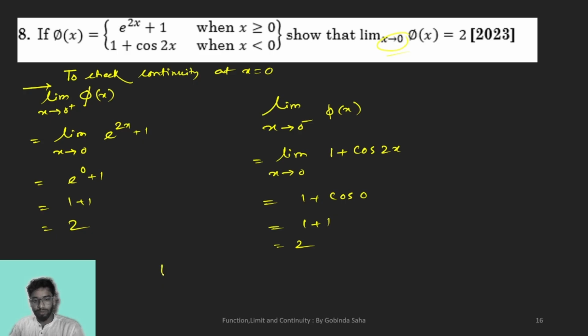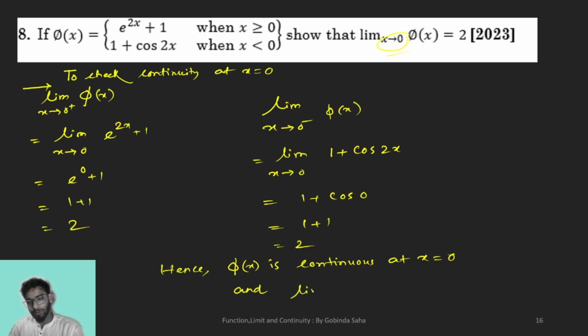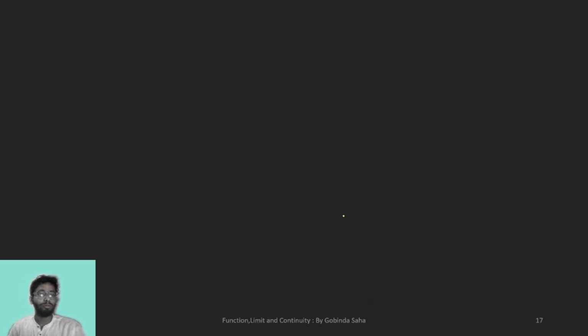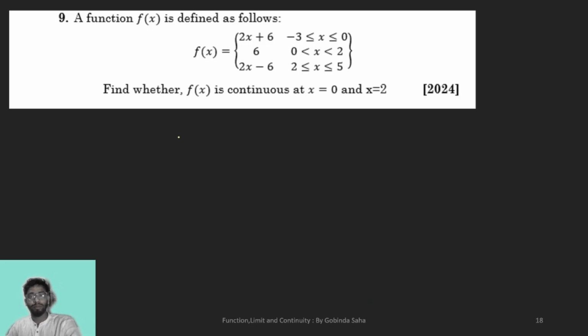Since these two are equal, hence phi x is continuous at x equals to 0. And you have already calculated, na? Limit x tends to 0, phi x is 2. Both are 2. Proved.